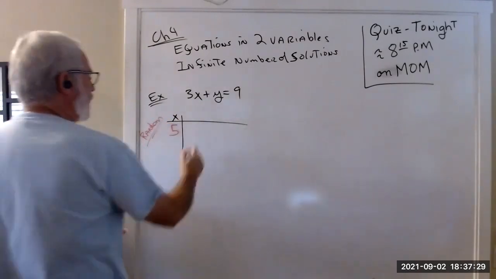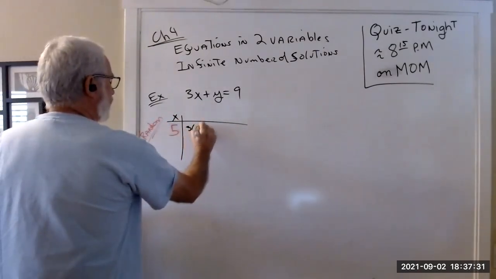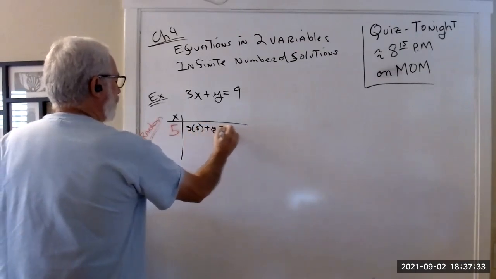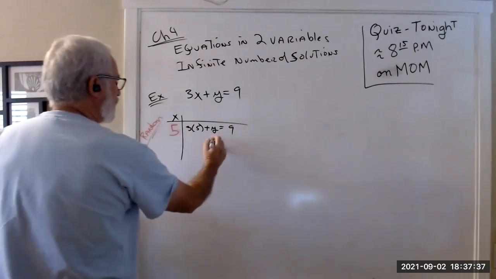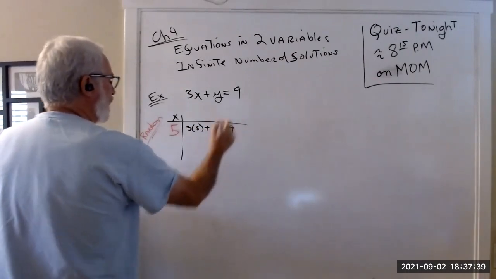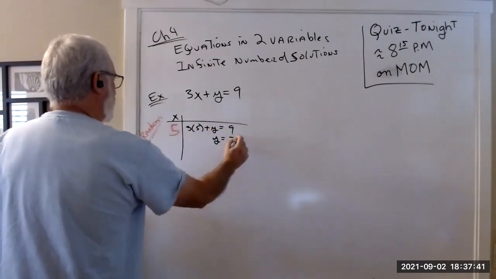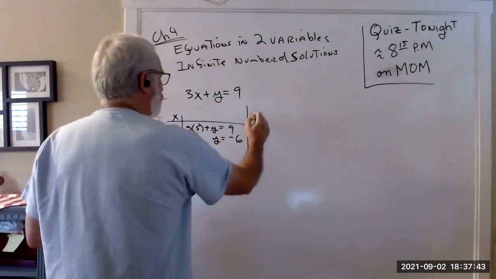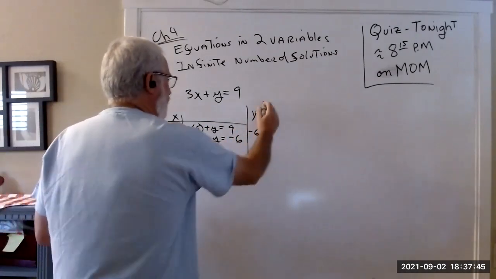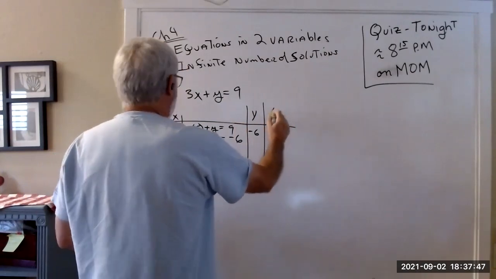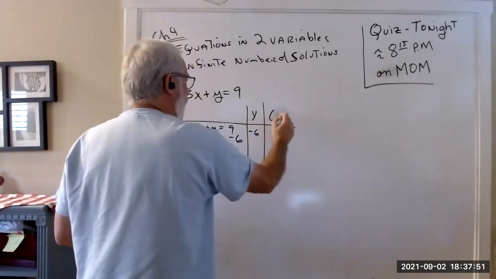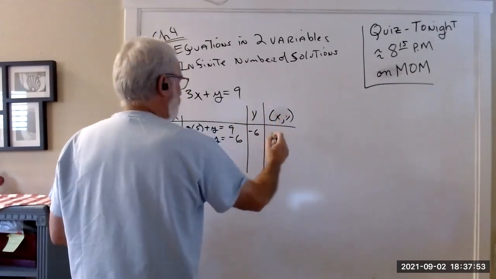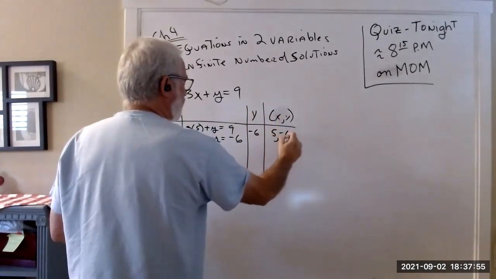And you plug it in. 3 times 5 plus y equals 9. 3 times 5 is 15. So if you take away 15, you get y is -6. And that generates the ordered pair xy, when x was 5, y was -6.